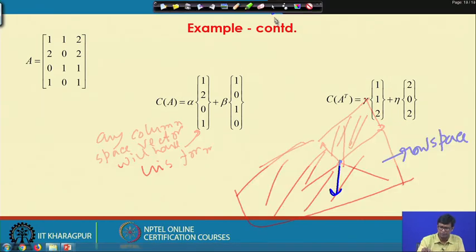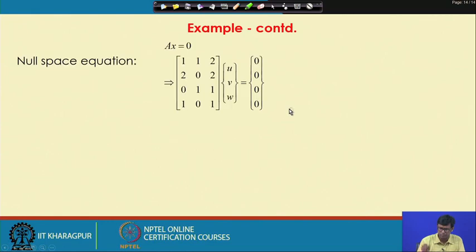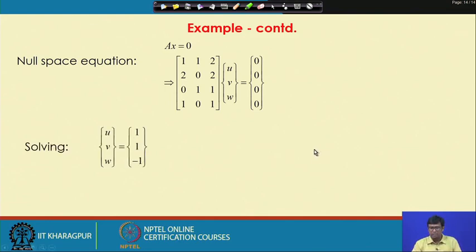However, we will now look into the null space, and let us solve the null space equation Ax equal to 0, and get the null space as 1 1 minus 1, one null space vector. Any null space vector will be a constant multiplied by 1 1 minus 1.